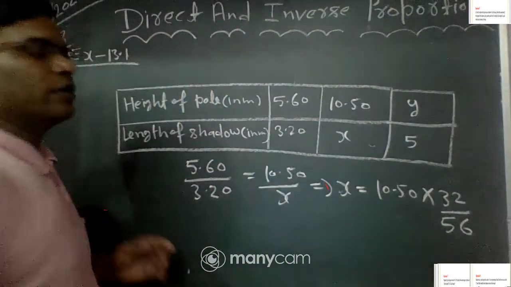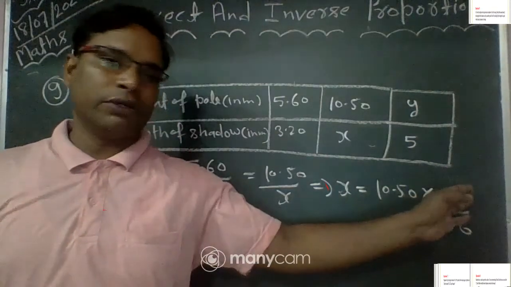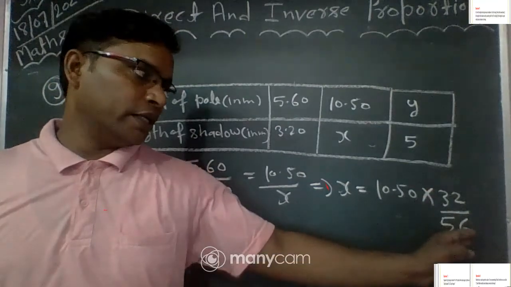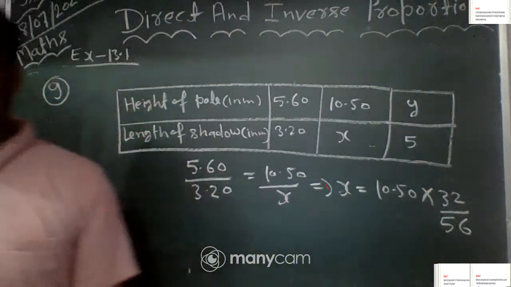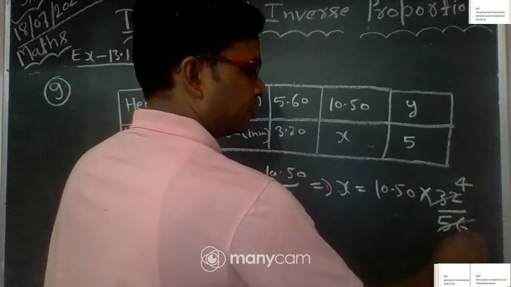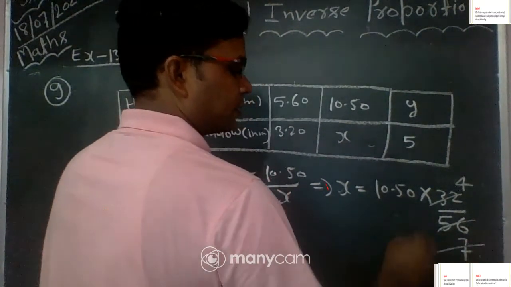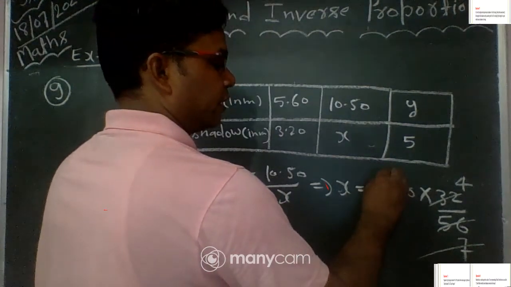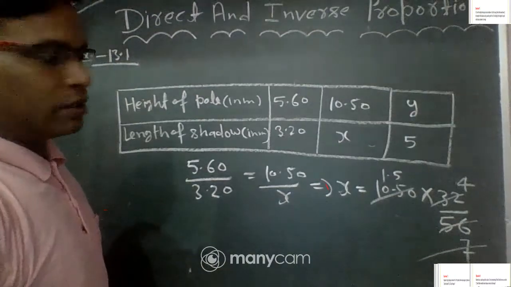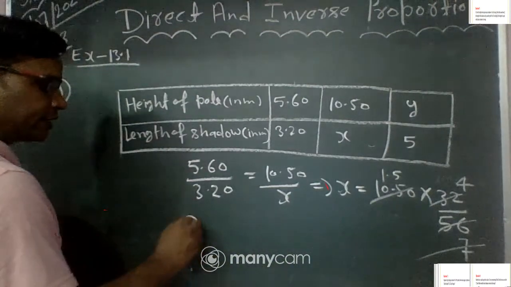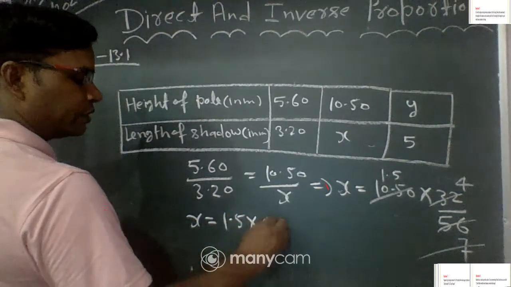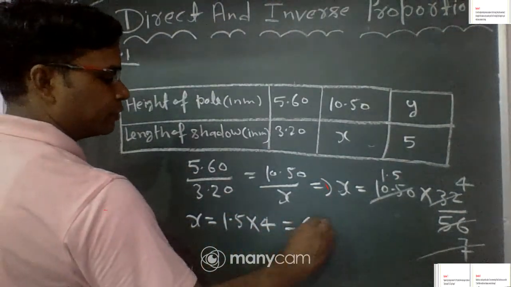Okay, you cancel out by 7. 8 4s are 32 and 8 7s are 56. So here we have 4 and 7. And if you divide by 7, 7 1s are 7, and 7 5s are 35. So we obtained x is equal to 1.5 into 4. This is equal to 6.0 meters.